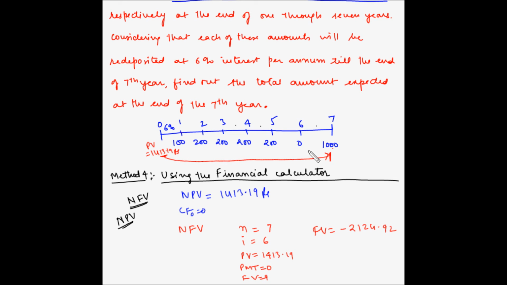Then the future value, that is at the end of the 7th year, is going to be 2124.92, which we have to pay back to the bank. So that's the only significance of the negative sign. But the net future value comes out to 2124.92 rupees, which is the same that we got in the last 3 other methods. So you can use any of these 4 methods to find out the future value of an uneven cash flow.